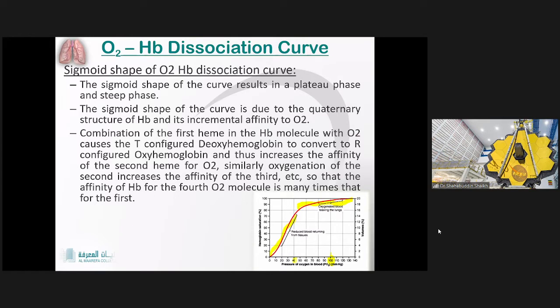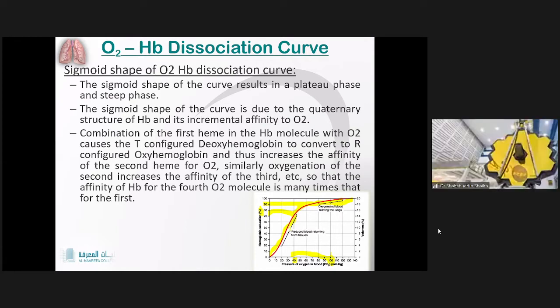When the pressure falls from 100 to 40, the oxygen saturation decreases and comes to approximately 75. So for saturation to go from 100 to 75, the pressure has to come down from 100 to 40. This occurs in normal people.